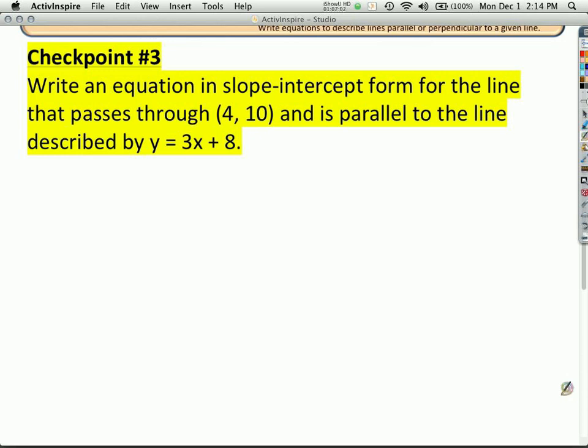Y equals 3x minus 2. Number 14, what did you get? Y equals 3x minus 2. Number 8, what did you get? Y equals 3x minus 2. So I have 3 people who seem to agree. Daniela, what did you get? Y equals 3x minus 2. Number 18, what did you get? Y equals 3x minus 2. The correct answer is y equals 3x minus 2.